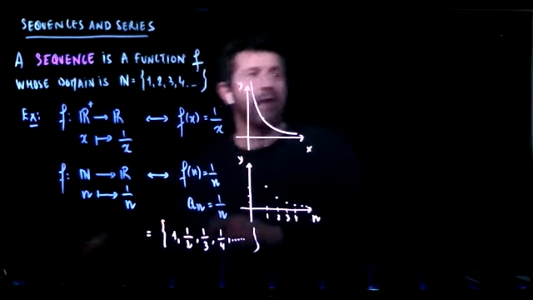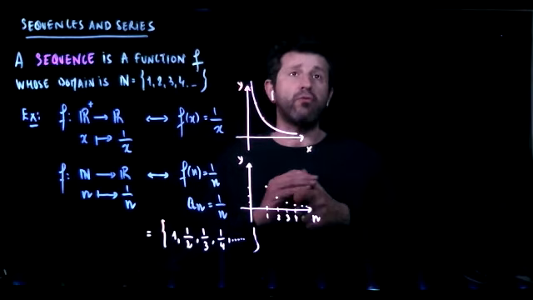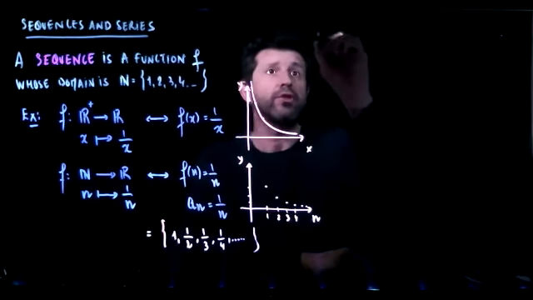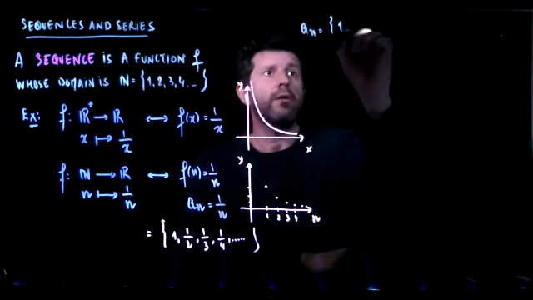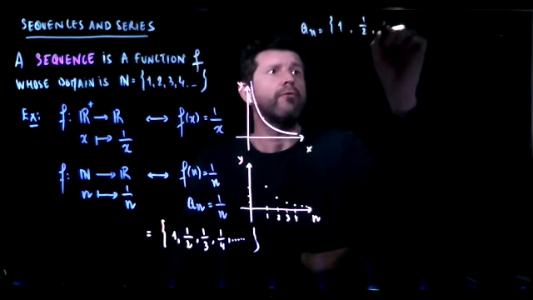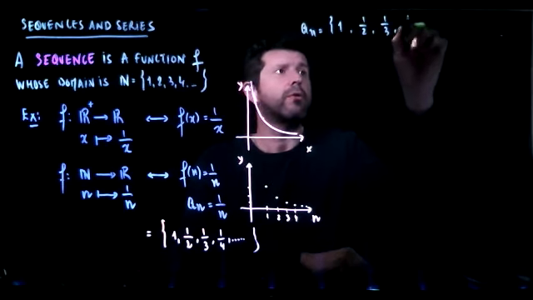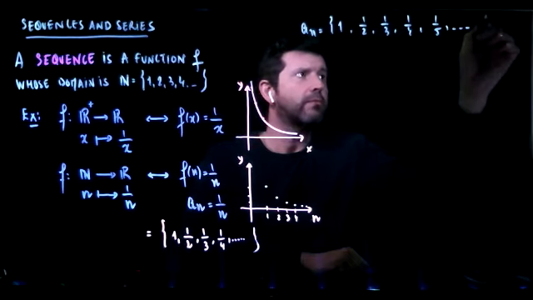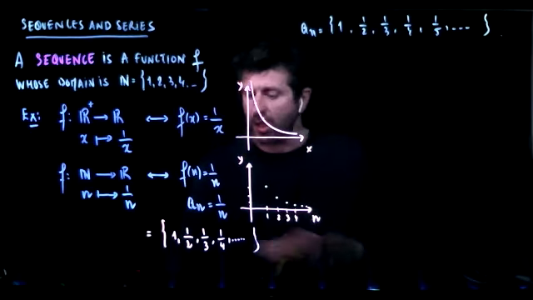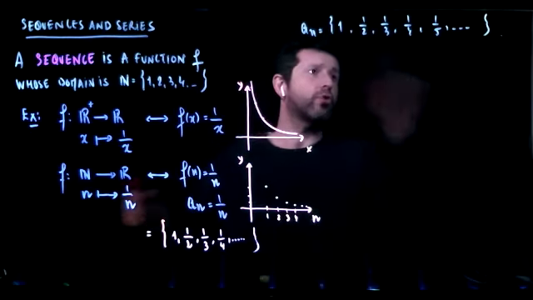If I am to give you a little more definitions here, the sequence a_n equals 1, 1/2, 1/3, 1/4, 1/5, and so on. All these are called terms.